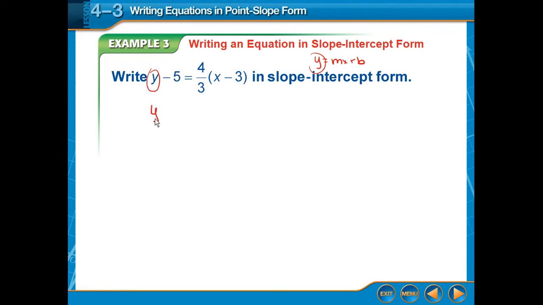So first thing I'm going to do is distribute this over here. So I'm going to get 4 over 3x, and 4 over 3 times a negative 3 makes negative 4. And now I want to get the y by itself, so I'm going to add 5 to both sides, and I get y equals 4 over 3x plus 1. And now it is in slope-intercept form.